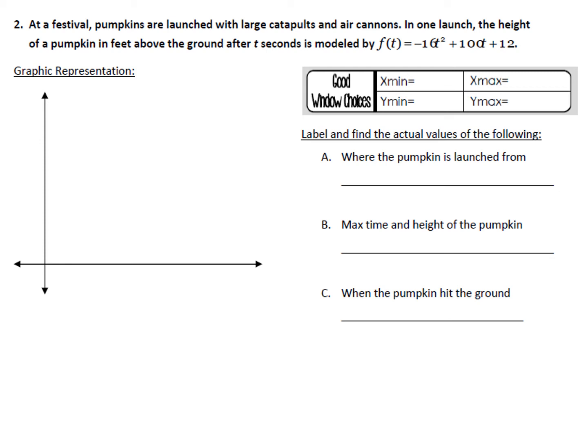Again, like I mentioned before, your x-min and your y-min are going to be 0 because we do not have a negative time or a negative height. Again, if we're going to type this in to Desmos or our graphing calculator, we will use y and x. So negative 16x squared plus 100x plus 12.